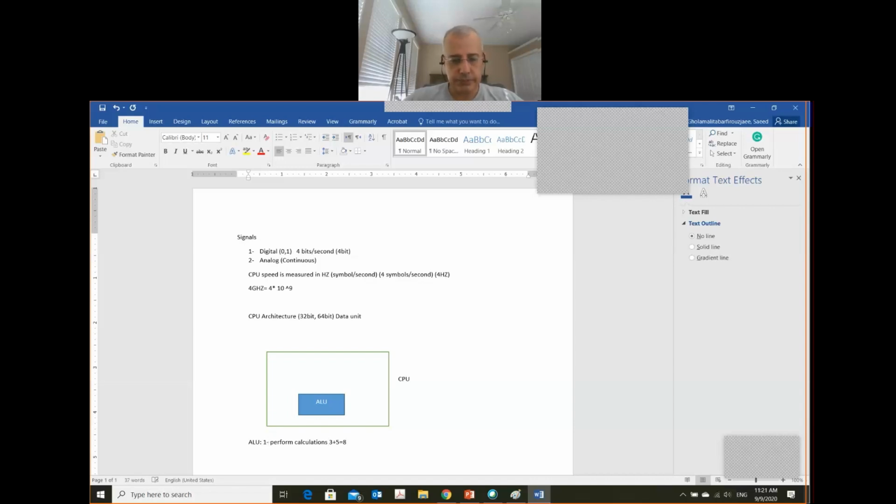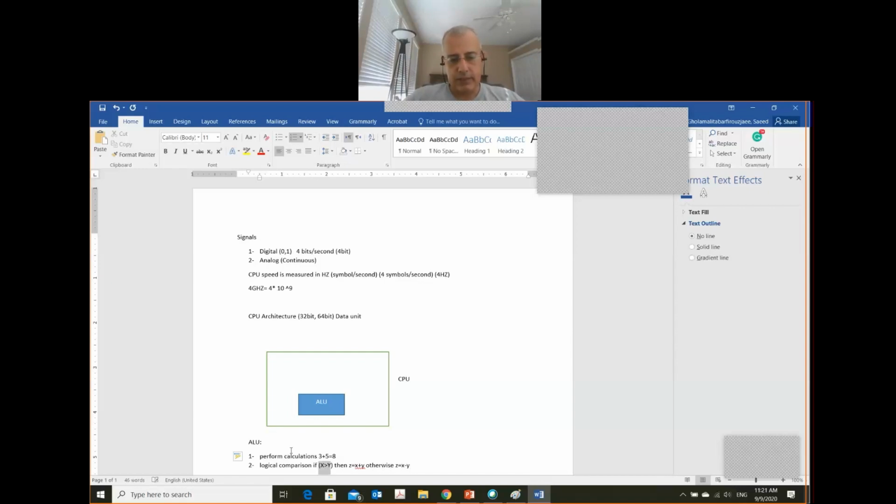The other feature of an ALU is to perform logical comparison. For example, if x is bigger than y, then z equals x plus y. Otherwise, z equals x minus y.